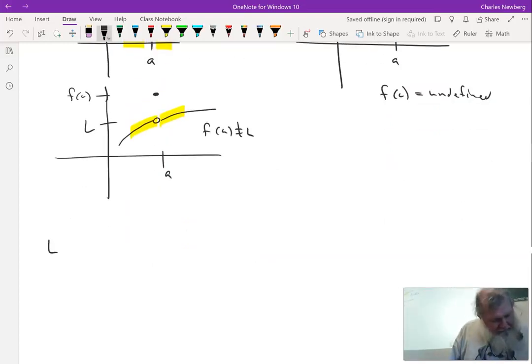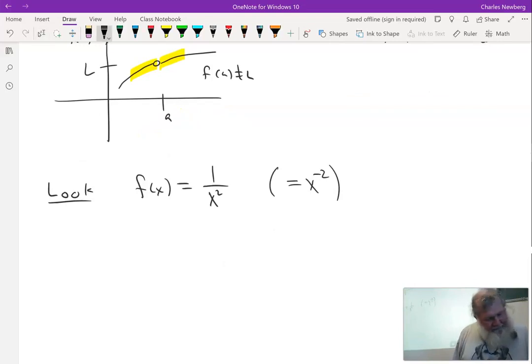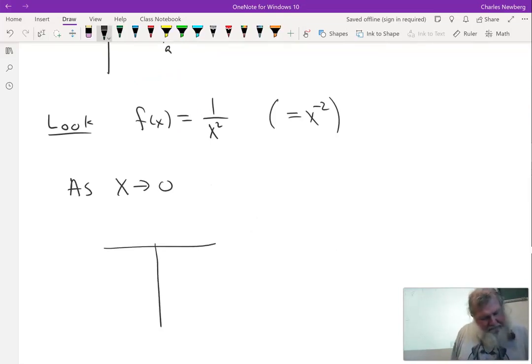So now we have two new scenarios we want to look at. Let's take a look at the function f of x equals 1 over x squared, which we also could think of as what? X to the negative 2. So reminder, negative exponents hide fractions. All right, so what happens as x approaches 0? Let's get a couple of values in here and then find their corresponding value, 1 over x squared.